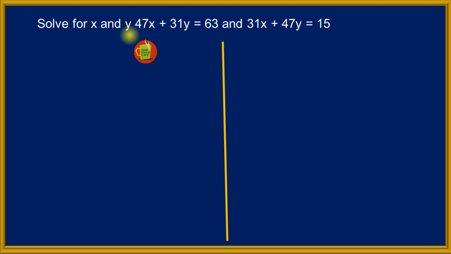Solve for x and y. The equations are 47x plus 31y is equal to 63 and 31x plus 47y is equal to 15.